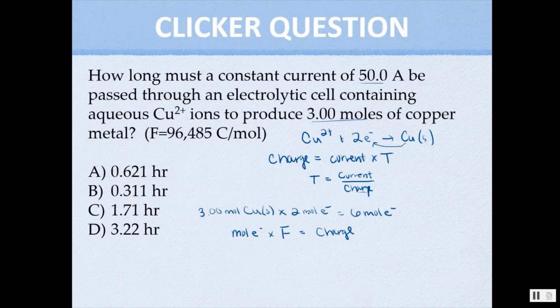So you should see that you're going to require 6 moles of electrons to reduce 3 moles of copper to generate that 3 moles of solid copper.